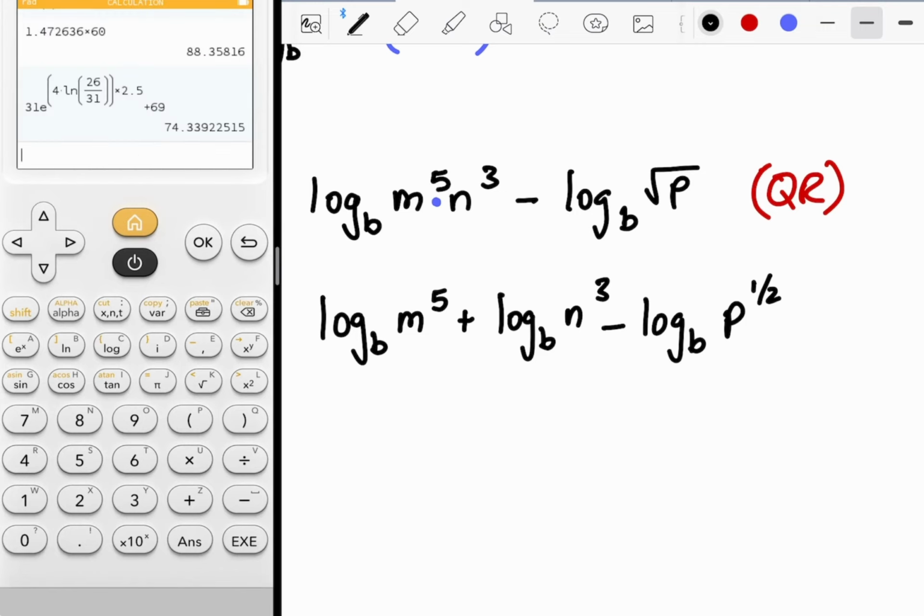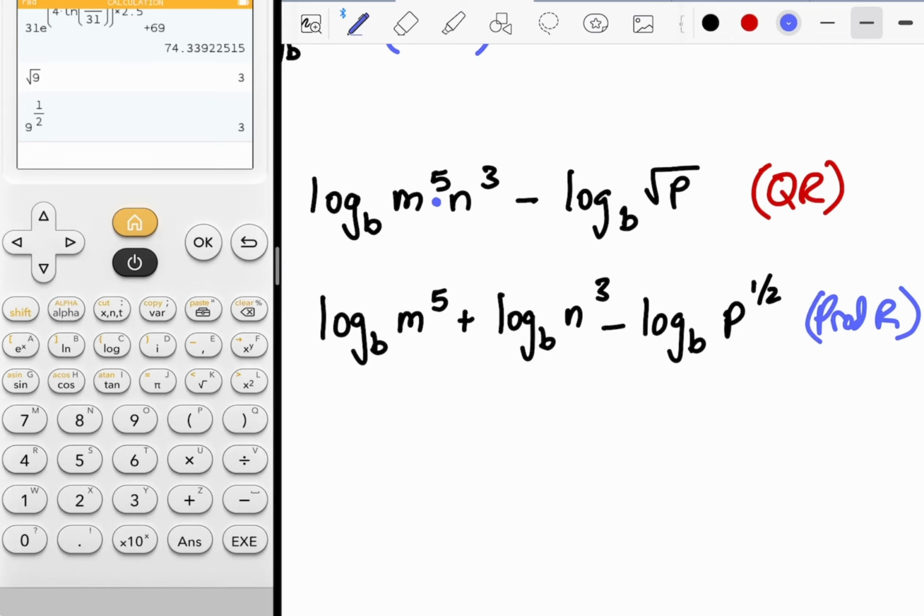If I have something like the square root of 9 versus 9 raised to the 1/2 power, they're going to give me the same thing. So I applied the product rule here. Now I'm going to apply the power rule.